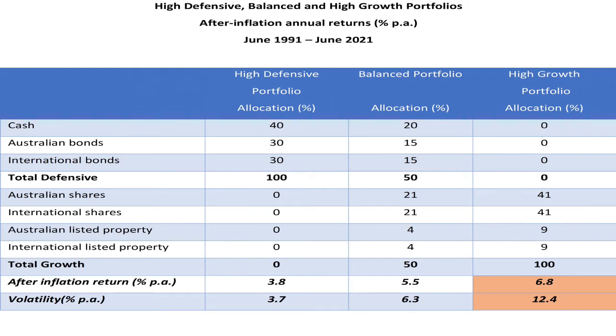In contrast, the high growth portfolio returned 6.8% per annum with volatility of 12.4%, suggesting a 68% chance that returns could vary annually between minus 5.6 and 19.2%.